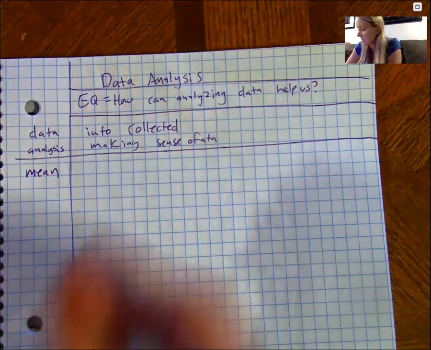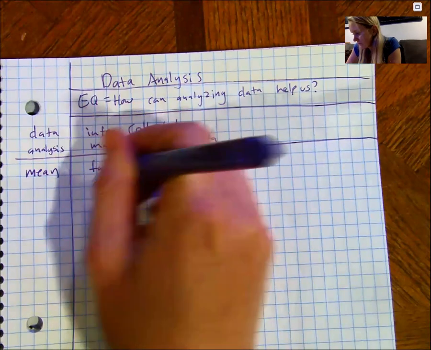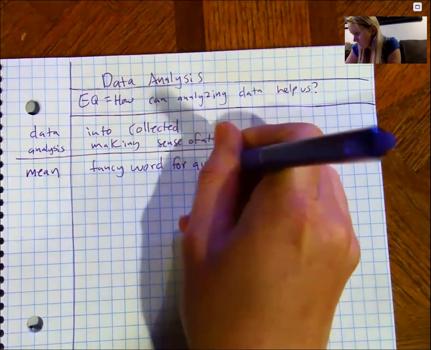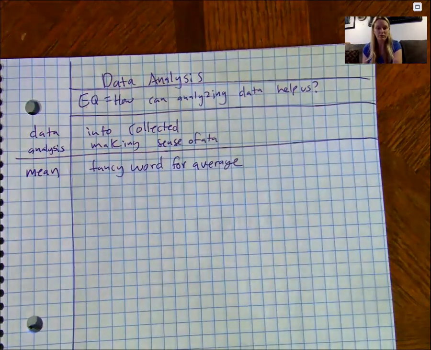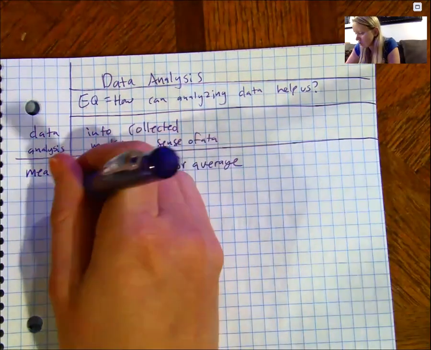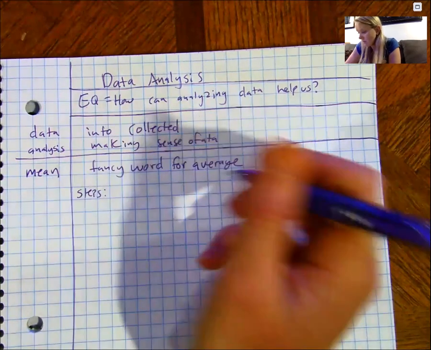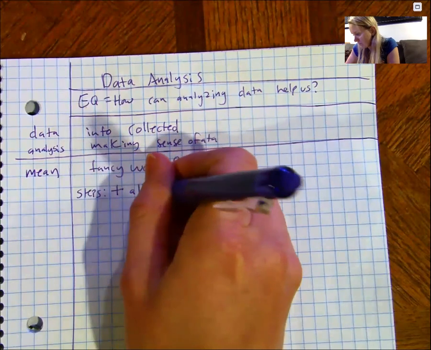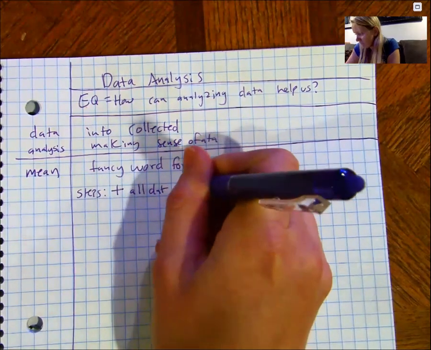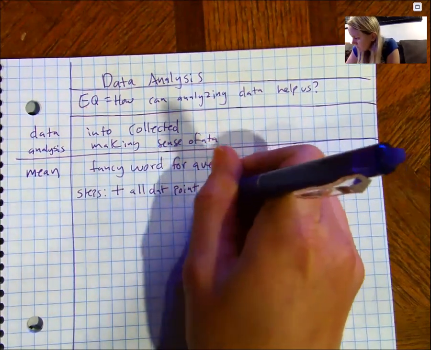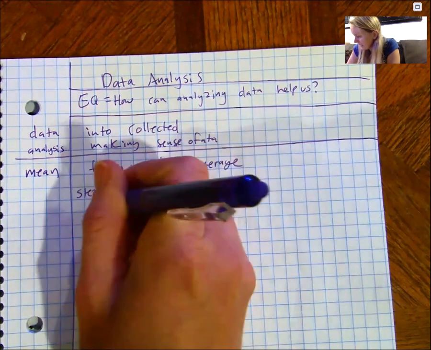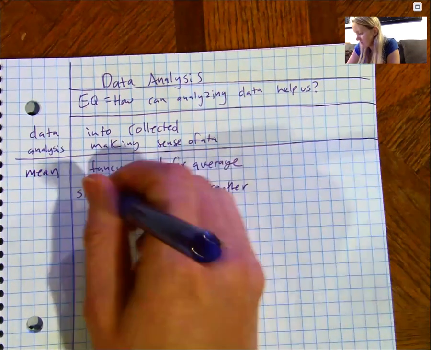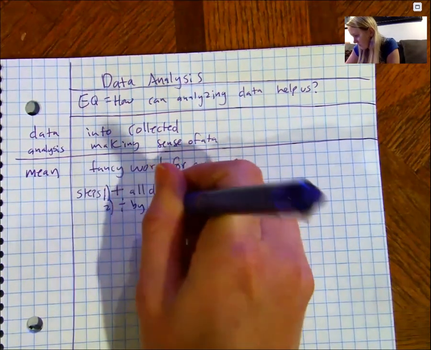Okay, mean is just a fancy word for average, and the steps to find the average or the mean are: one, add all your data points together. And so that's step one. Step two is then divide by number of data points.